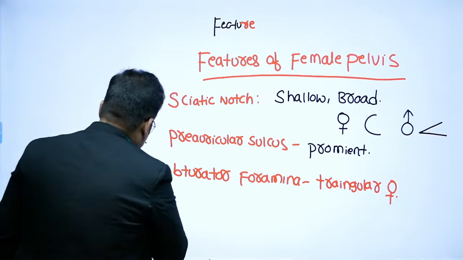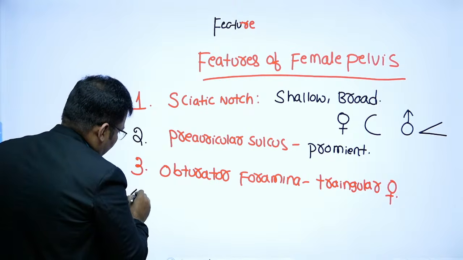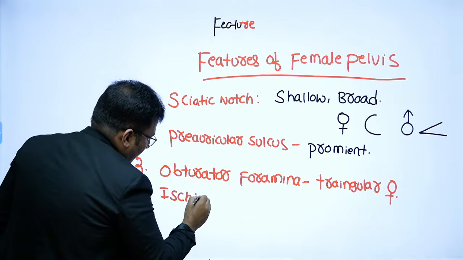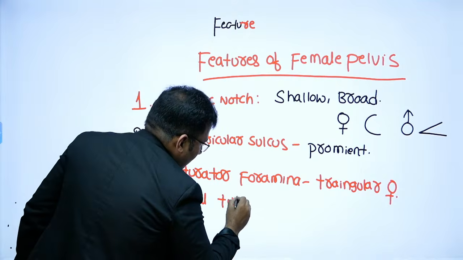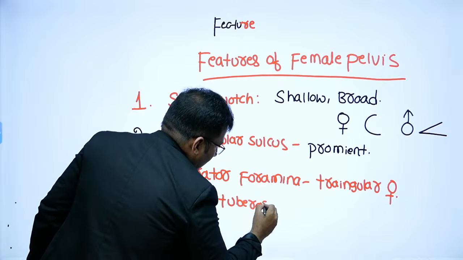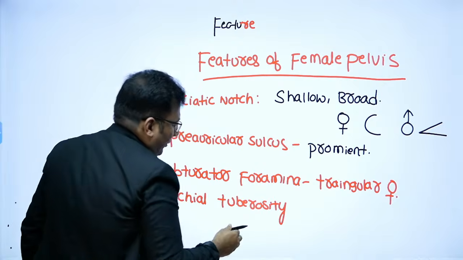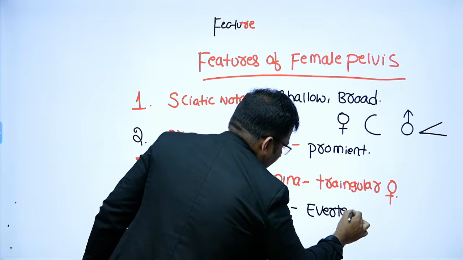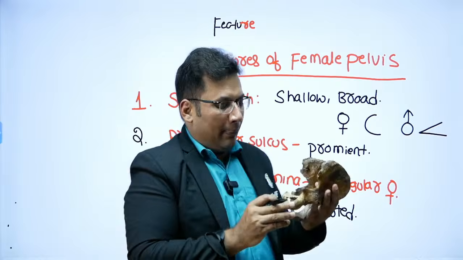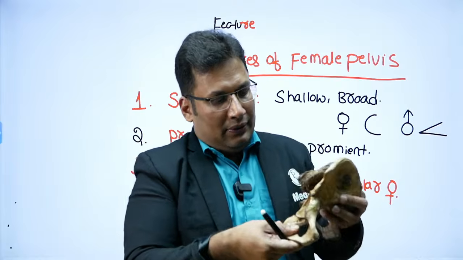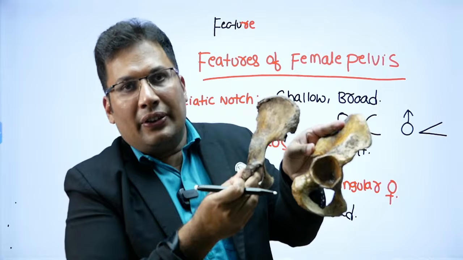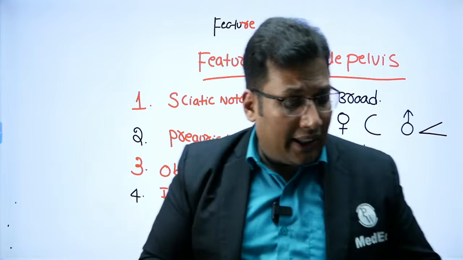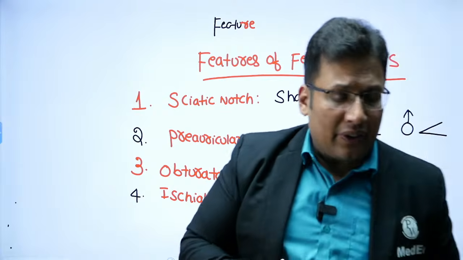The ischial tuberosity is everted in female. You can make out here, this is the ischial tuberosity, and you can see it is everted in the female and inverted in the male. So there are basically many differences.